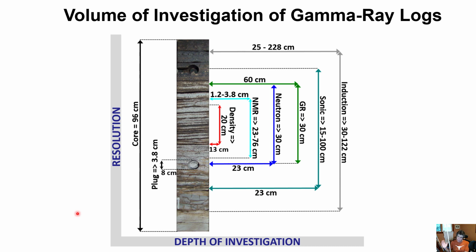The denser formation has more absorption of gamma rays than a light formation, so we also have to take that into consideration. But we're looking into about, let's say, give and take 60 centimeters. That distance will be much lower if the formation is very dense. Those are the things that we have to take into account when we analyze and interpret gamma ray logs, especially in the context of other measurements.